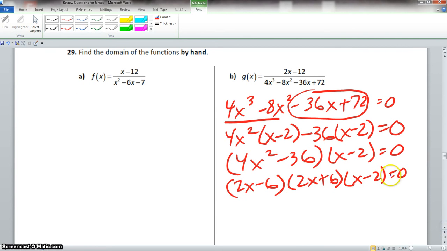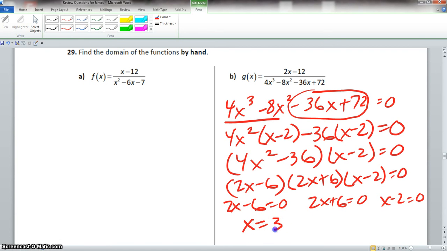So we'll set all 3 of these equal to 0. 2x minus 6 equals 0, 2x plus 6 equals 0, and x minus 2 equals 0. After you get this, x is 3, x is negative 3, and x is 2.